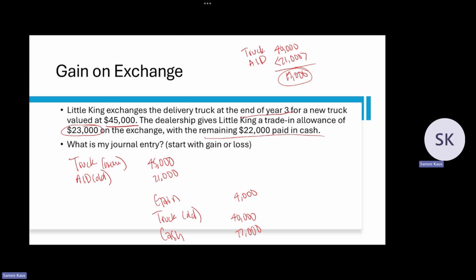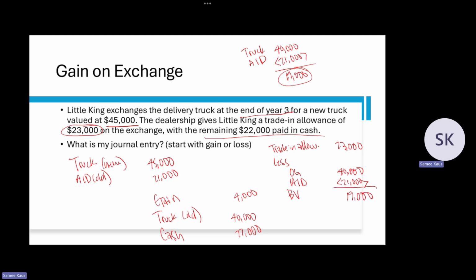Okay. So again, you can conceptually walk through, right? Actually calculating out the gain at the beginning. So I would say trade-in allowance of 23,000 less the OG cost of the asset of 40 netted with my accumulated depreciation of 21 should give me book value of 19.